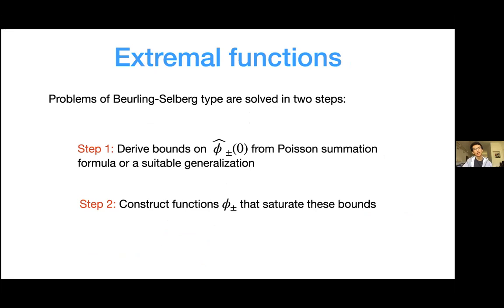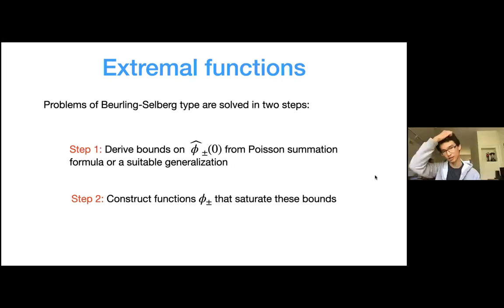Okay, so now we can actually solve this Beurling-Selberg problem. This class of problems is usually solved from some kind of summation formula, which I'll explain on the next slide.